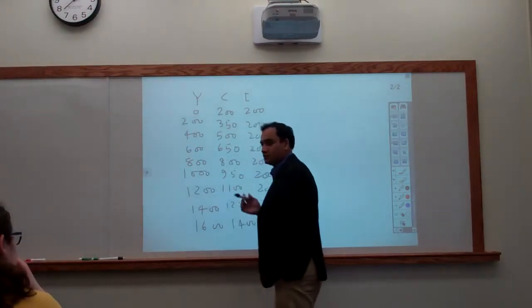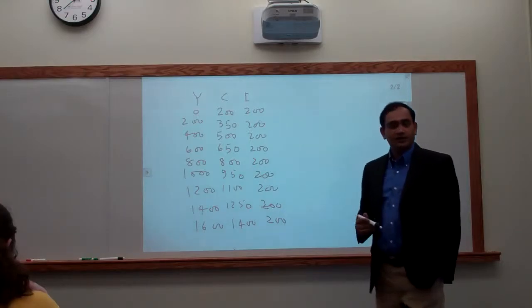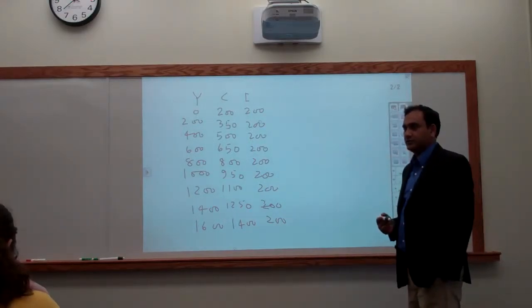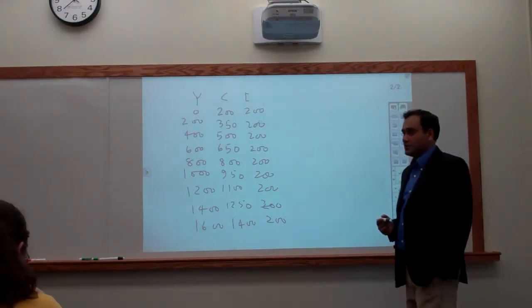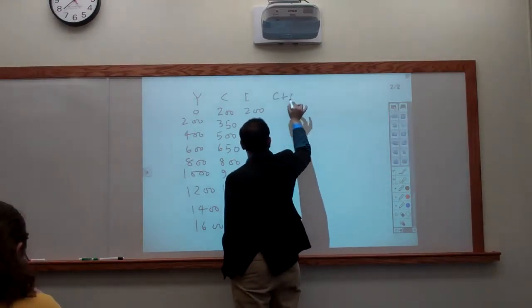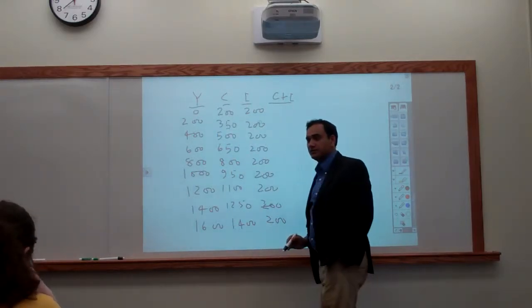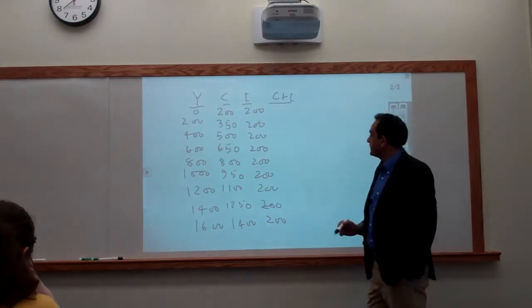So what's the next thing I have to do to find equilibrium in the goods market? Add C and I together. What does that give you? What is C plus I? Planned aggregate expenditure, right?